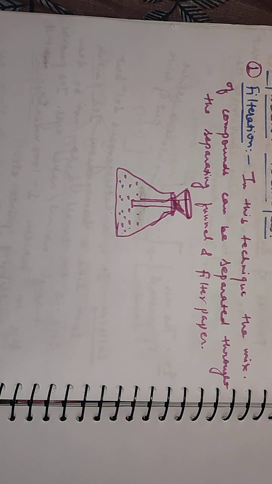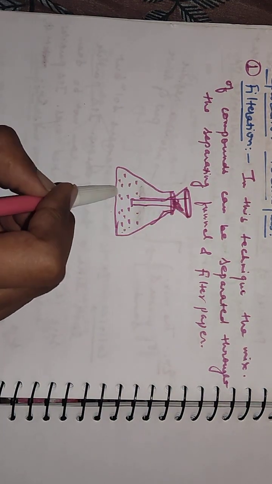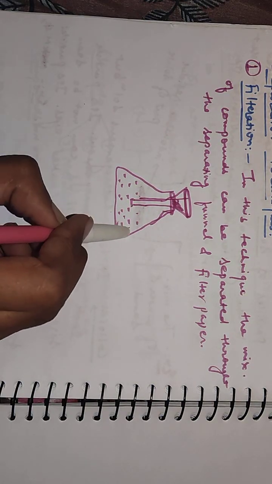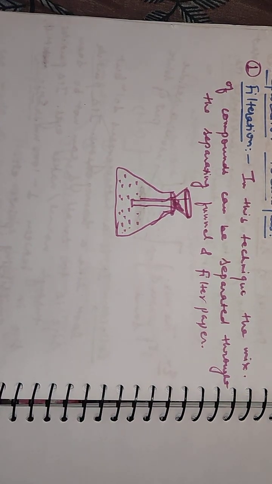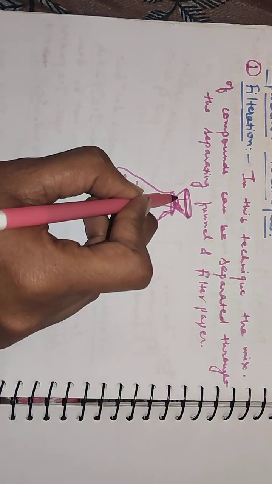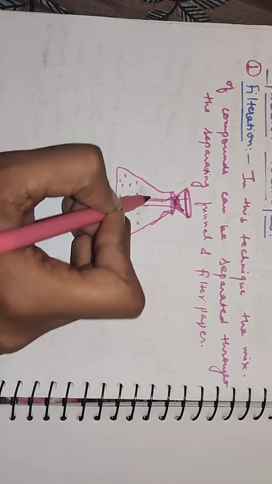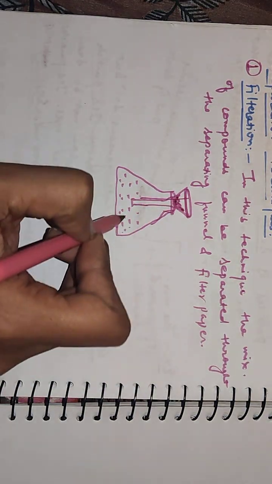Here the remaining residue will remain at the bottom of the funnel, and in the conical flask we obtain the filtrate. The part we want to separate is separated here. For example, in a mixture of sand and water, the sand remains on the filter and water is collected at the bottom.